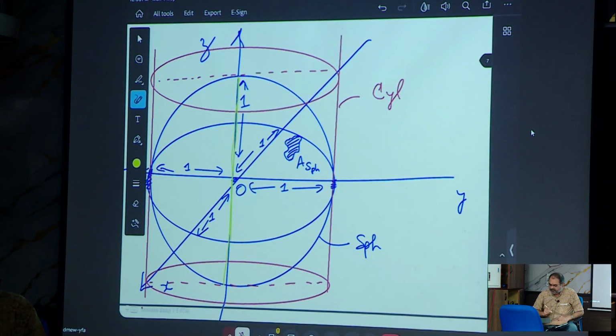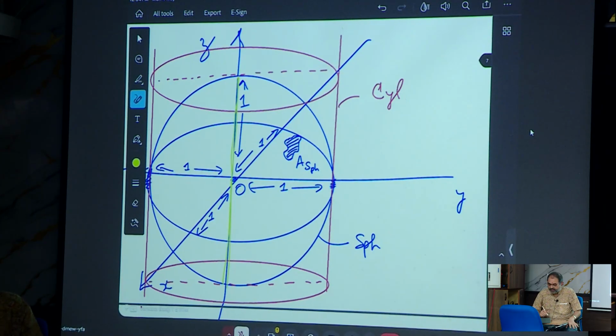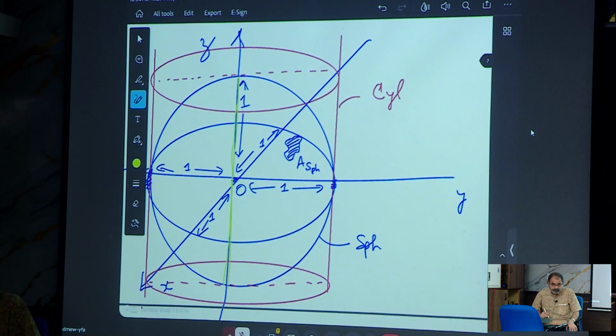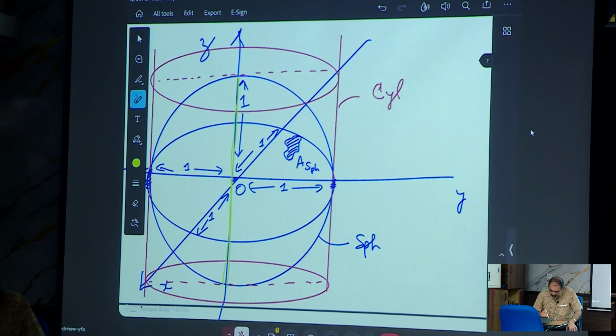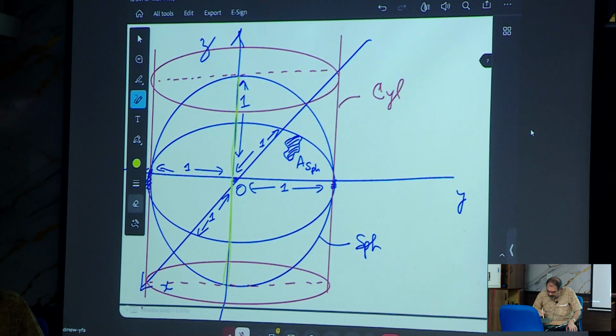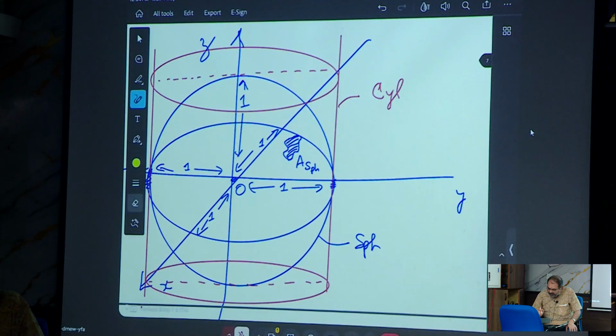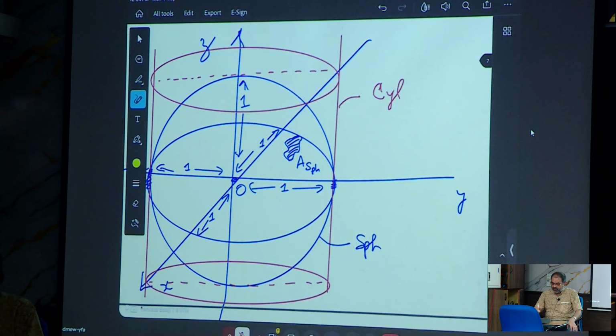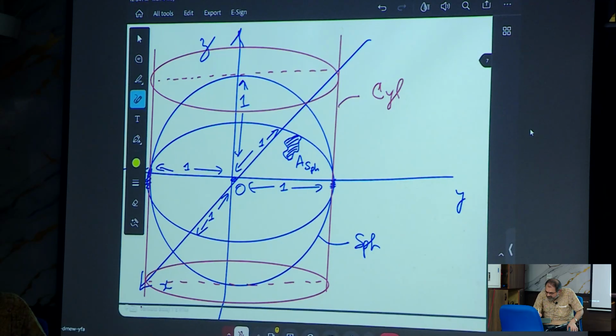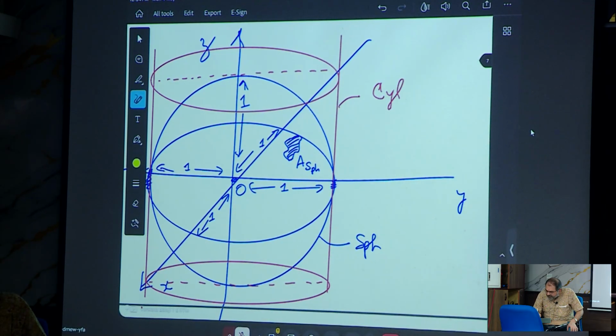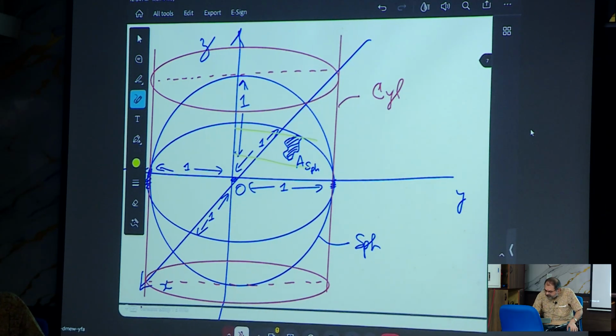Well, I think rather, maybe this is not the way I should look at it. I need the radial projection. So what do I want? Yeah, I want the following thing. It's not even radial. So I want to take the horizontal projection of this on the cylinder.